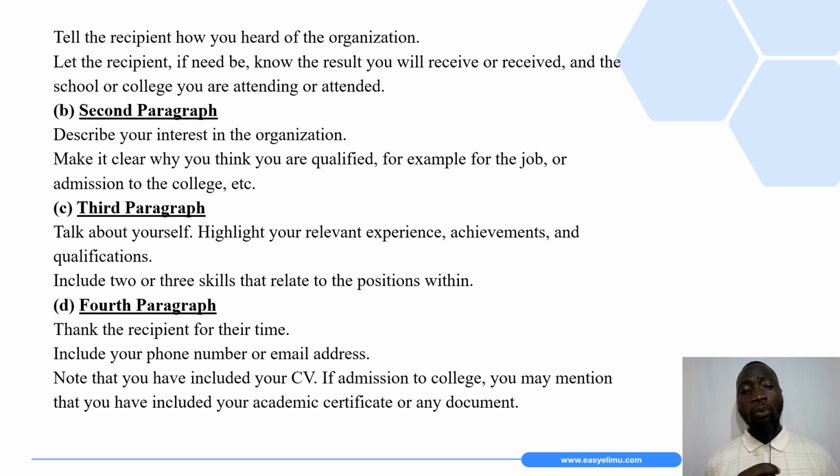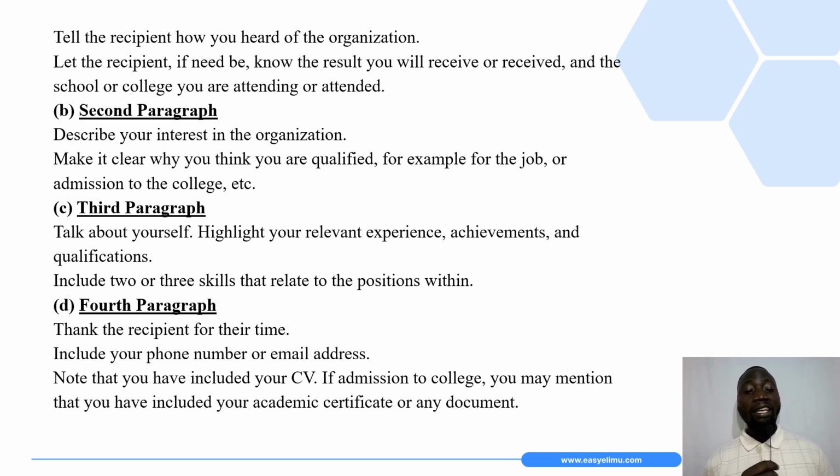So in the second paragraph, here are a few details that you are advised to include. So the first thing is that describe your interest in the organization. The second step is to make it clear why you think you are qualified, for example, for the job or admission to the college, etc. Then the third paragraph, you are advised to talk about yourself, that is by highlighting your relevant experience, achievements, and qualifications.